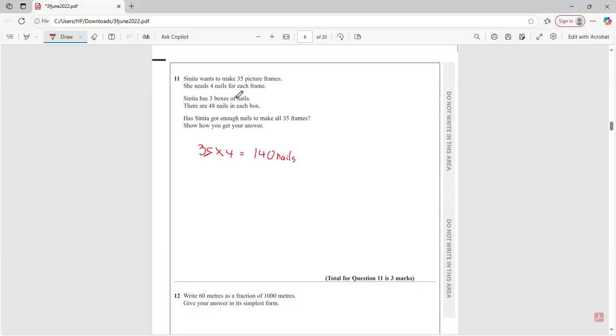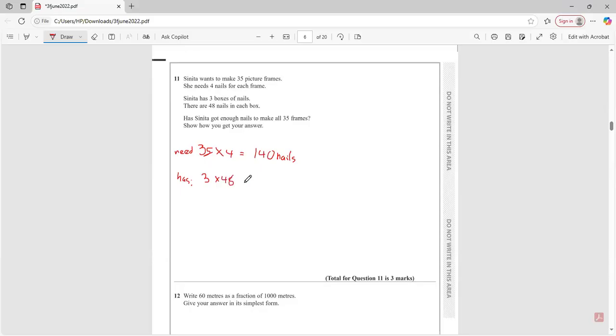But she has 3 boxes of nails, and there are 48 nails in each box. So this is what she needs, and this is what she has. She has 3 times 48 nails.